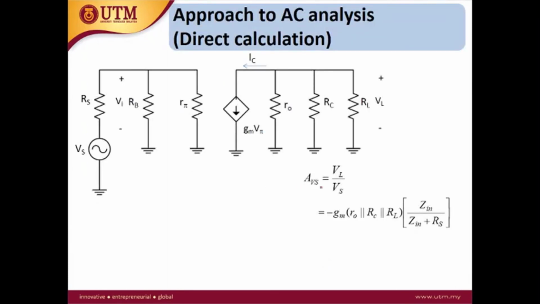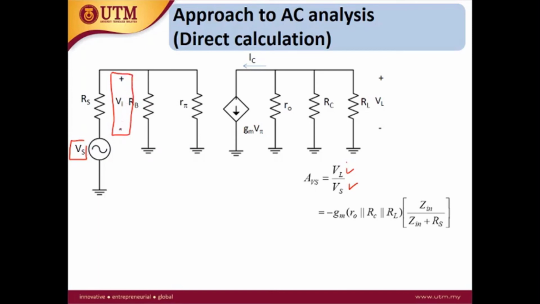So next is another type of voltage gain. We call it AVS. AVS in this circuit is defined as VL over Vs. Here Vs and Vi are two different parameters. Vs is the supply voltage, Vi is the input voltage.